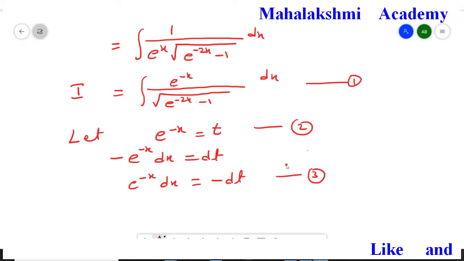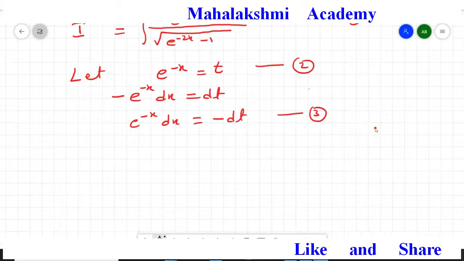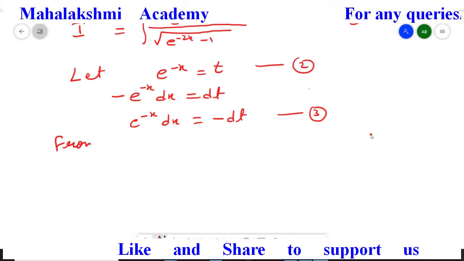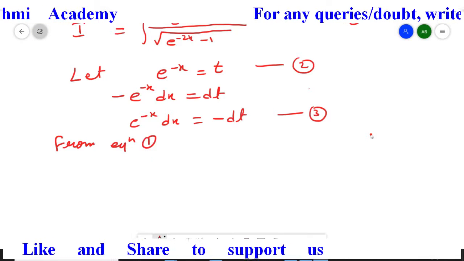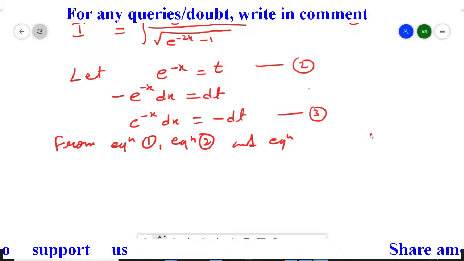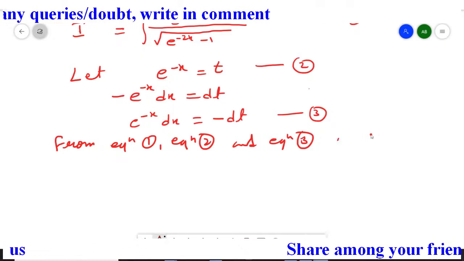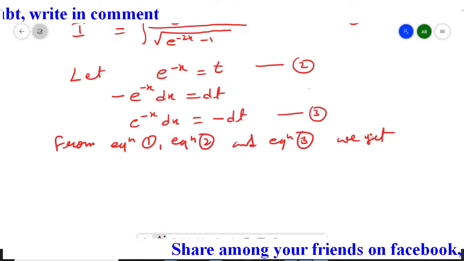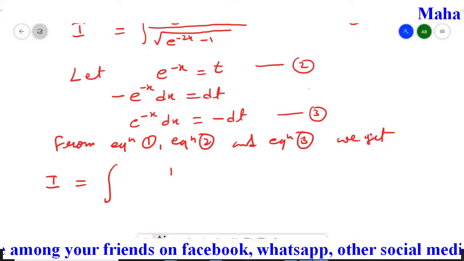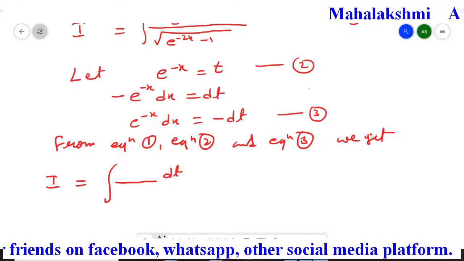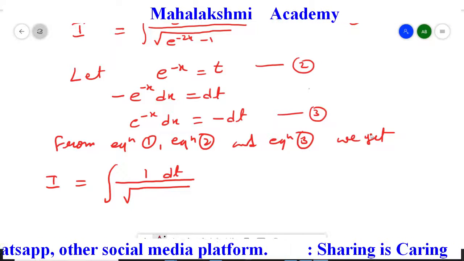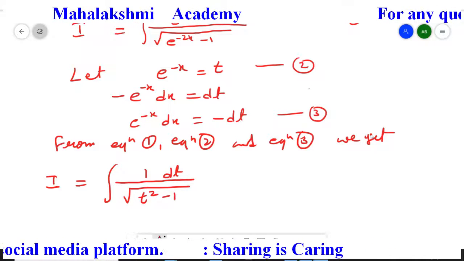Now from equation 1, equation 2 and equation 3 we get I is equal to integration of, in the numerator only dt, and in the denominator, student, we are going to get t square minus 1 square.